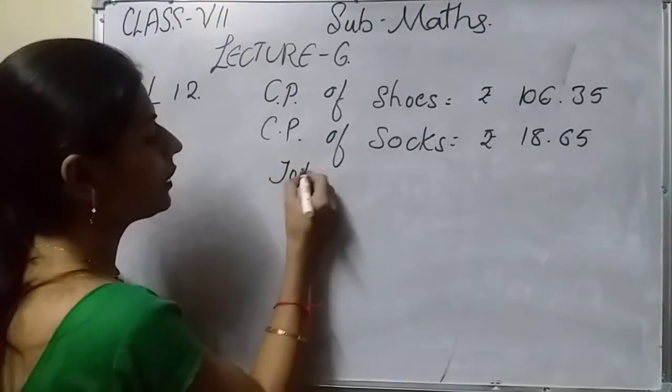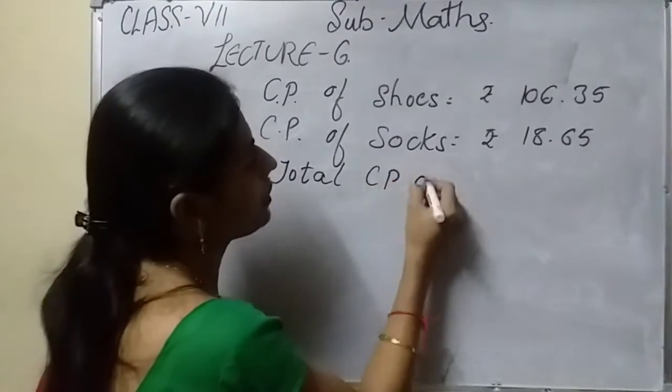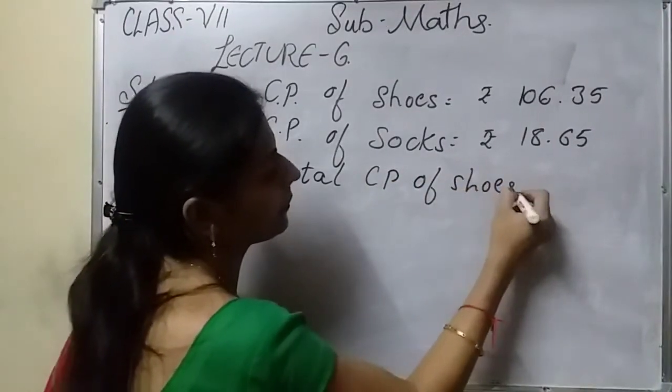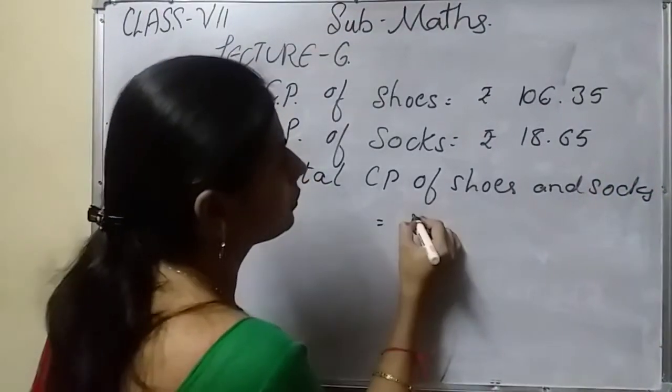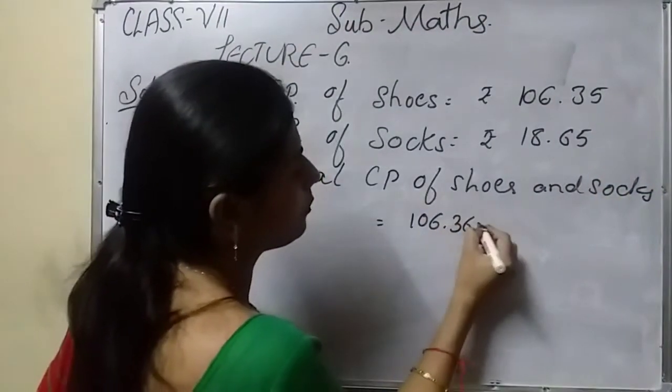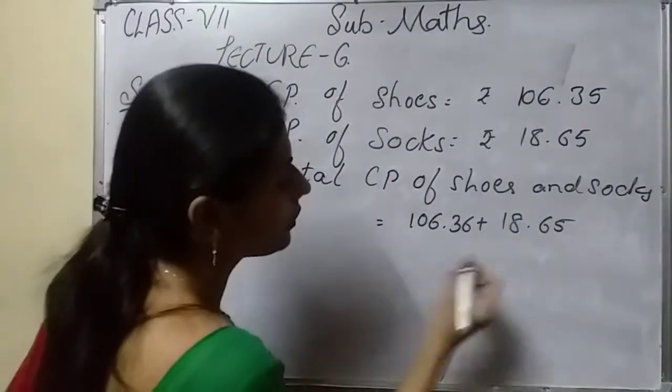So total cost price of shoes and socks is 106.35 plus 18.65. You have to add it.